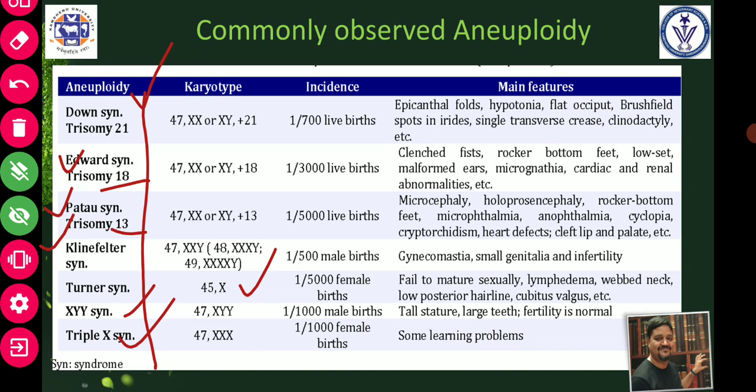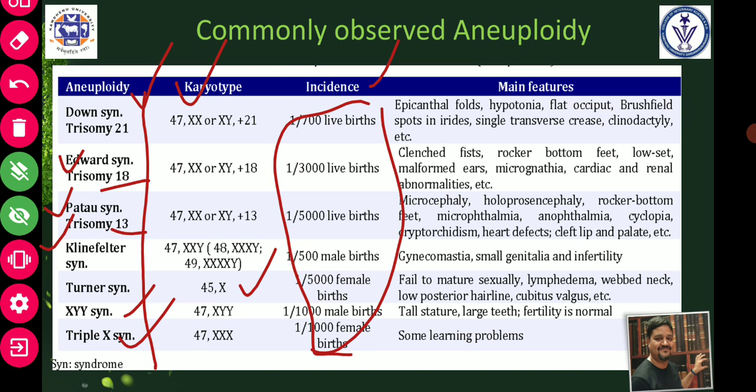You can see what the karyotype complement will be in this slide. Then what the incidence rates in humans are, and that too mostly in the Western population. In the Indian population, I could not find the incidence of this abnormality, but these are all the incidence in European or Western populations.